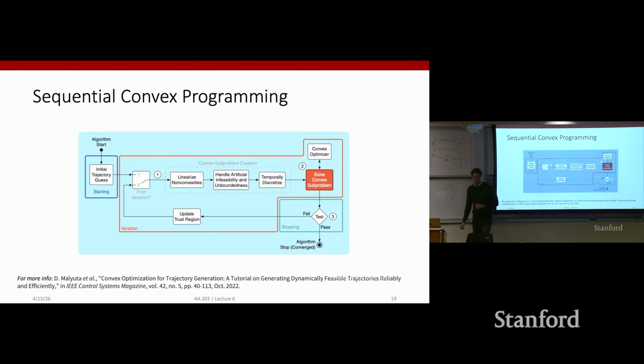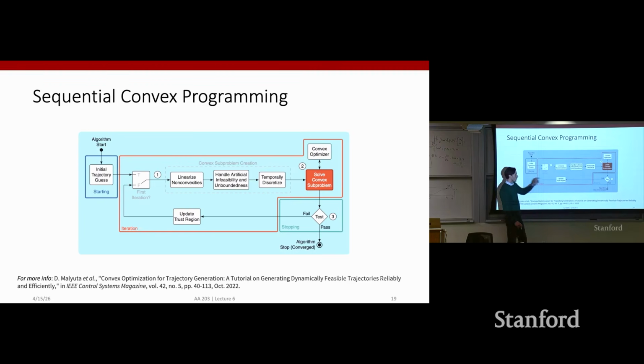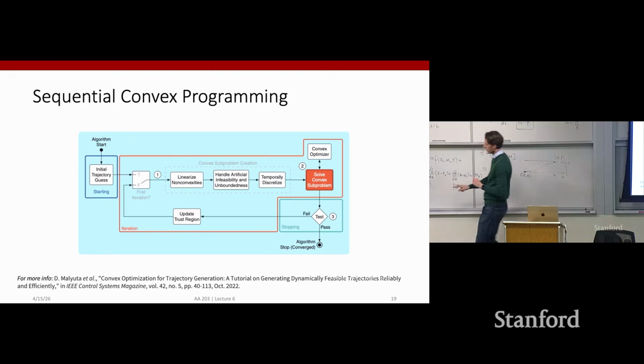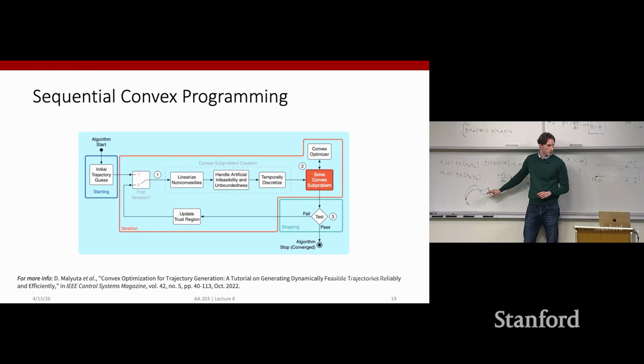There are different ways in which one could approach this. Typically, to handle artificial unboundedness, you want to ensure that in solving the individual iterate, you don't diverge too much from your nominal guess. This is because, since we're linearizing the dynamics, this linearization is only accurate in a neighborhood of the nominal trajectory.